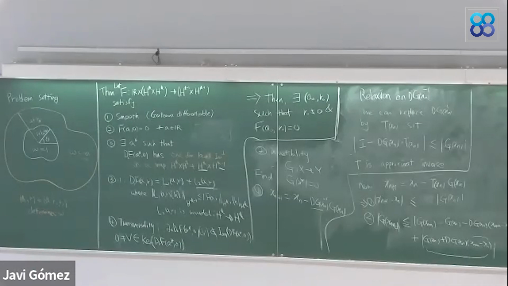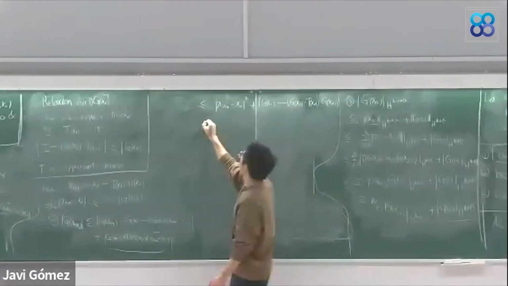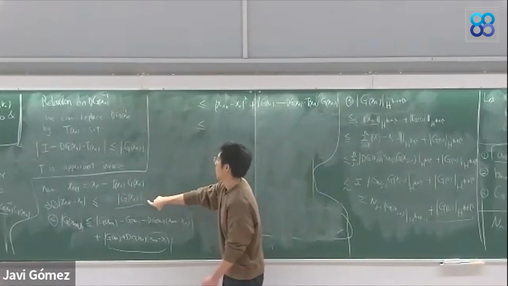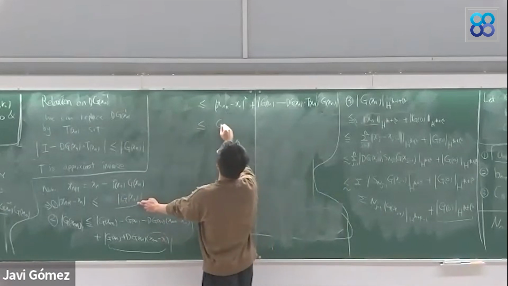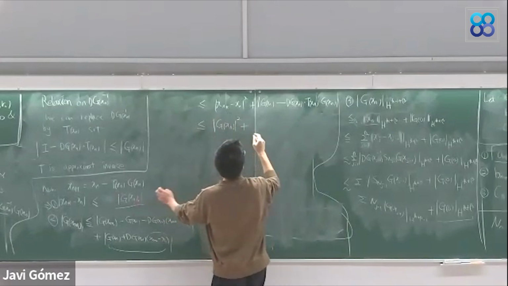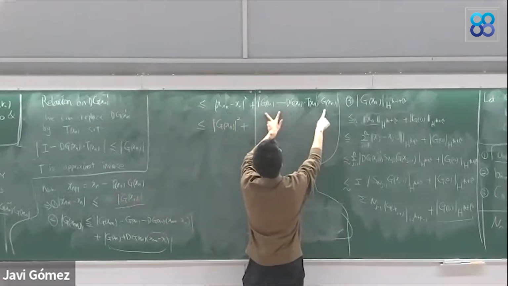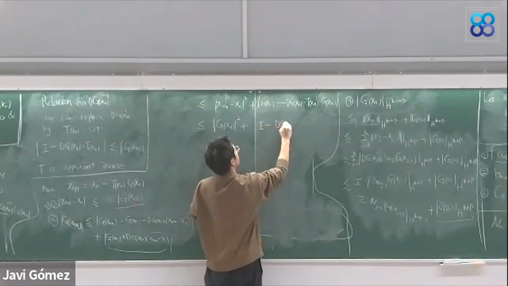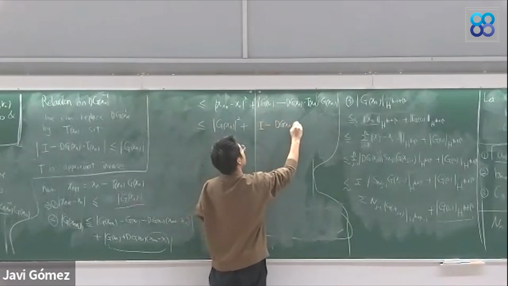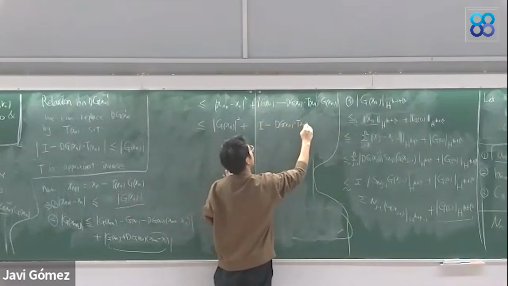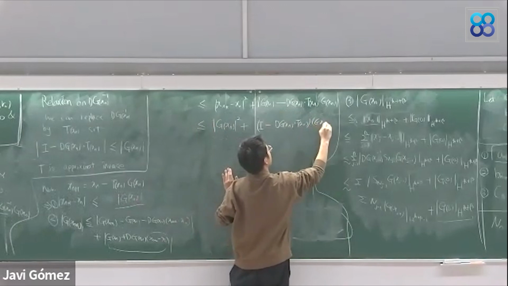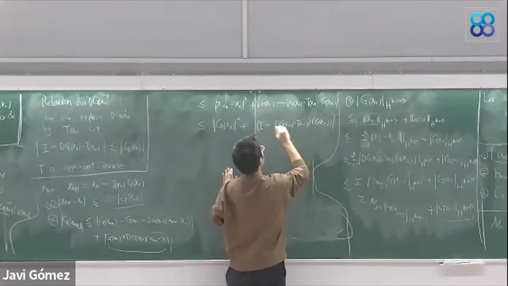And then we get the size of this. And then the difference, this is less than g of x_n, so we have g of x_n squared. And this guy can be written as I times dg(x_n) equals T(x_n), and we put our g(x_n) here.